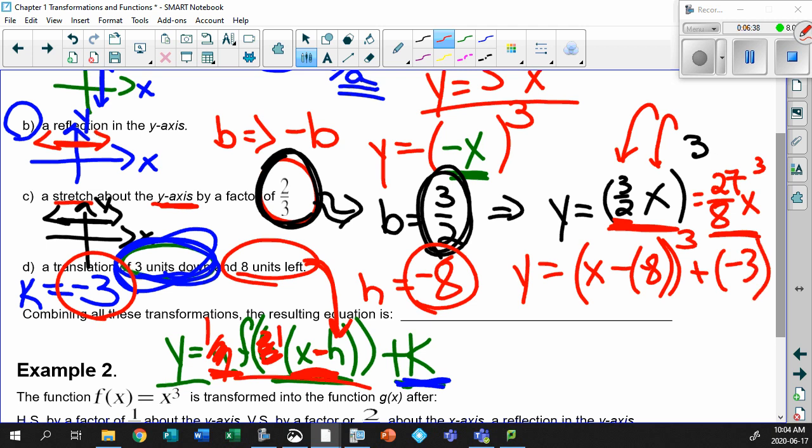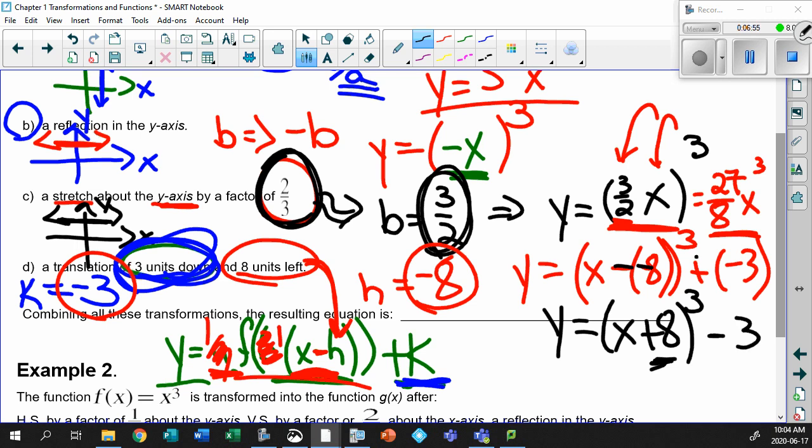Let's clean this up because it looks terrible right now. So if we clean this up, y equals x plus 8, there's the cubed, okay? So there's your movement, 8 left, -3, because plus minus gives you the -3. There's your 3 down. Wow, cool or what?